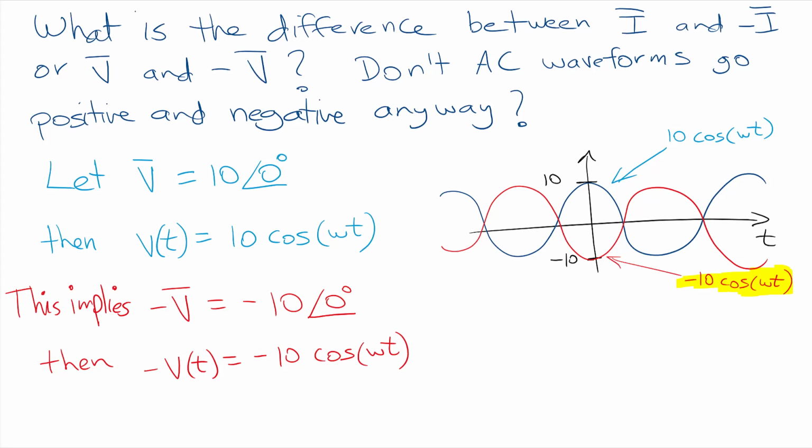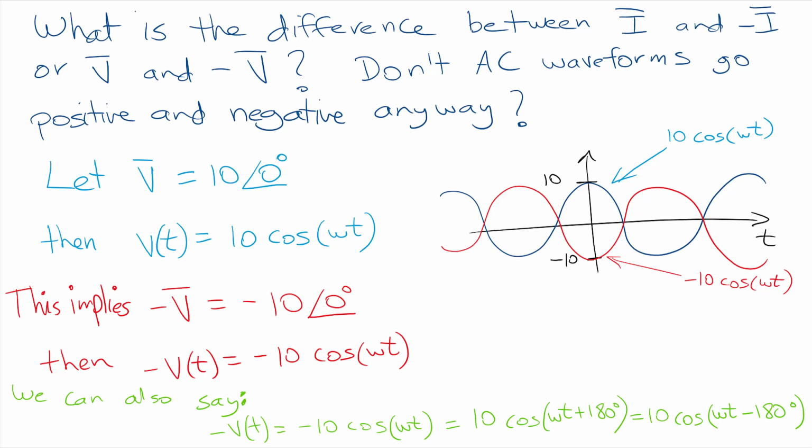To interpret it further, a negative time domain voltage is the same as a positive cosine with a phase shift of plus 180 degrees. So what have we done there?